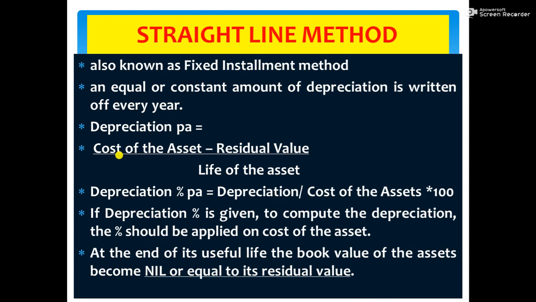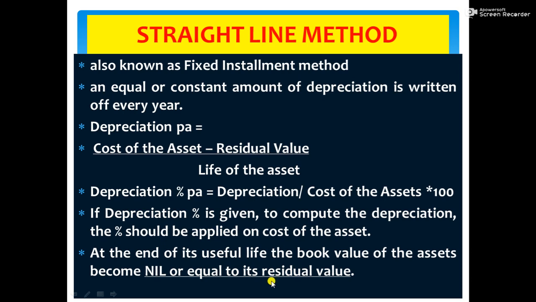We calculated the depreciable amount by deducting the residual value from the cost of the asset. Therefore, after depreciating in all the years, the book value of the asset will be equal to the residual value of the asset.